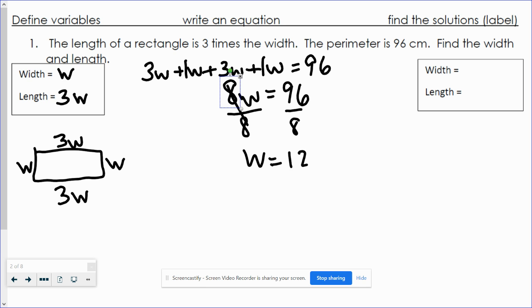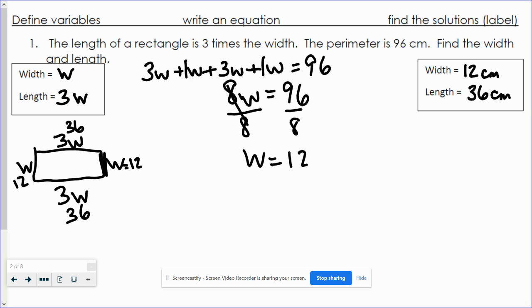If that's the width, it would be 12 centimeters. Then 3 times 12 would be 36. So if I would go around and put in my 12 over here and my 36 over here, if you add all that up, that does work out to be 96 centimeters.